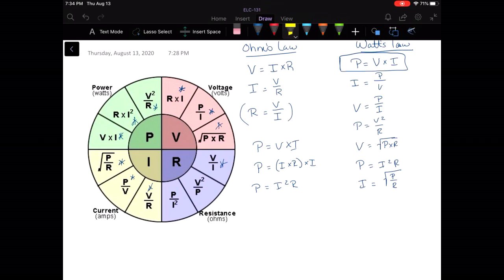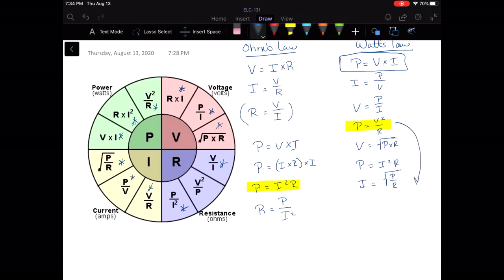Let's take this equation and this equation, and we're going to solve each of those for the resistance. So here, R is equal to P over I squared if I divide both sides by I squared.